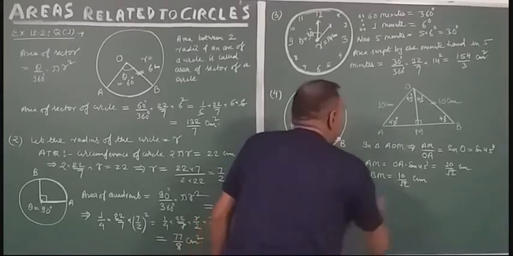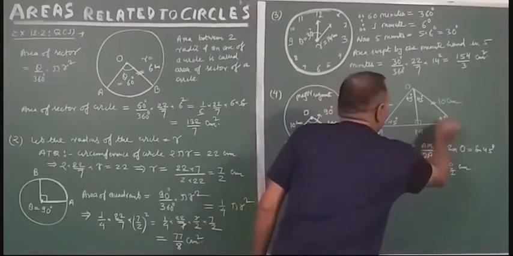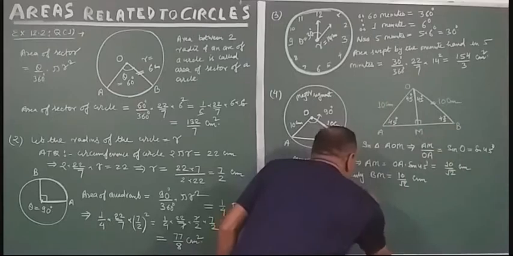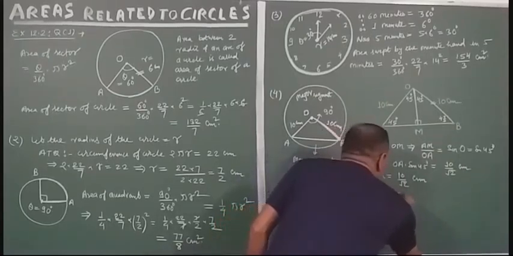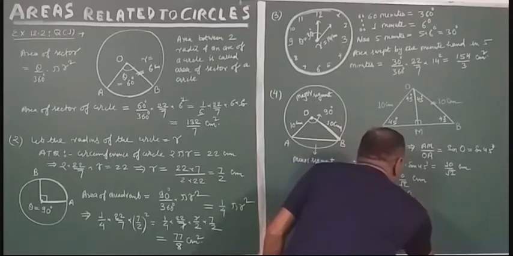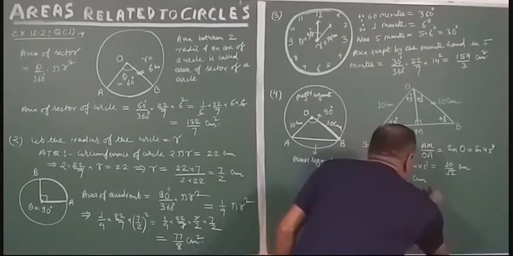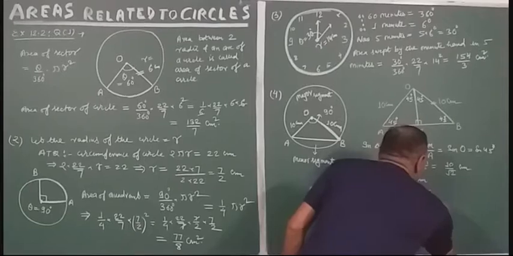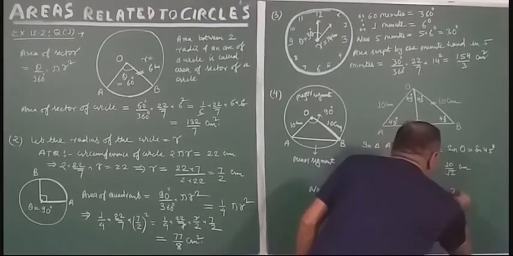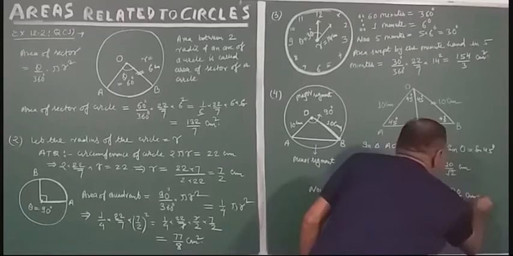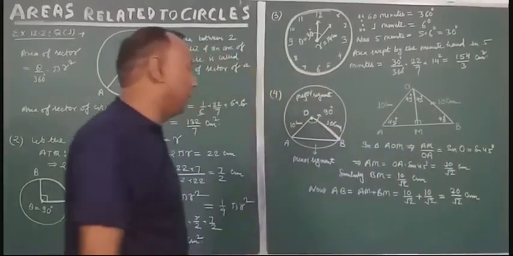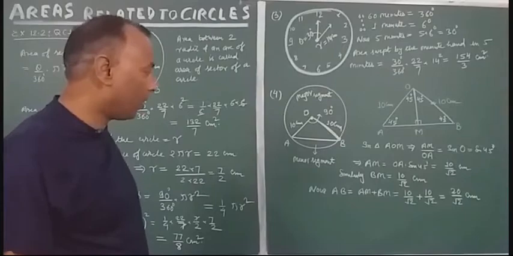What will be AB? This AM plus BM. So this is 10 upon under root 2 plus 10 upon under root 2. That will be 20 upon under root 2 centimeter.